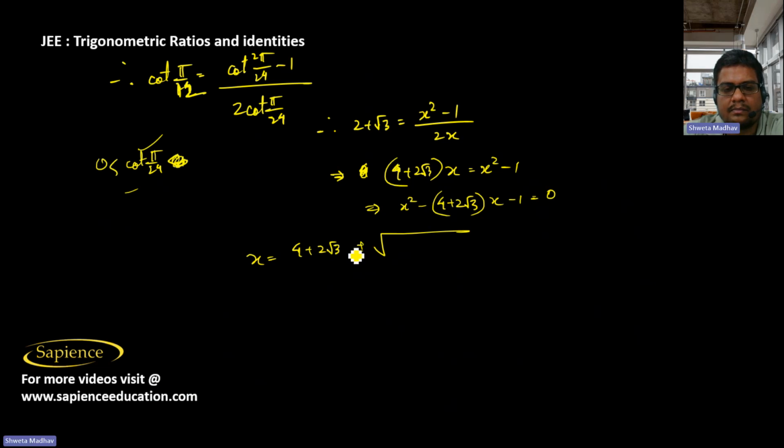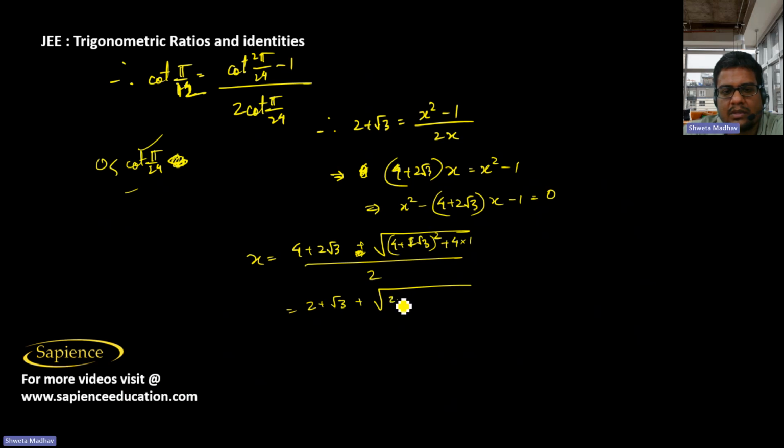So minus b plus or minus square root of b square minus 4ac, plus 4 into 1, by 2a. So this negative sign we should not take. So this will be 2 plus root 3 plus square root of, I can take 2 outside and cancel.